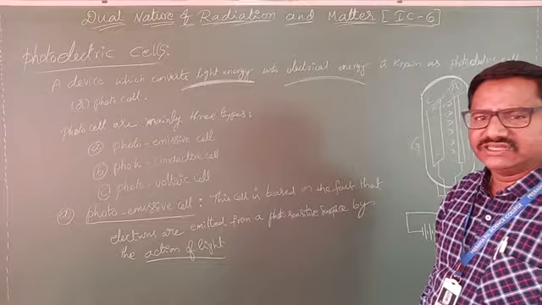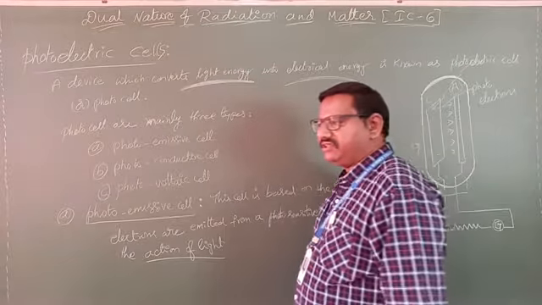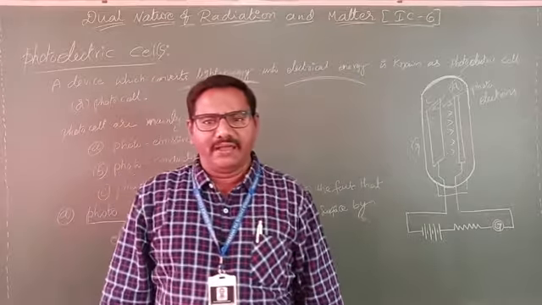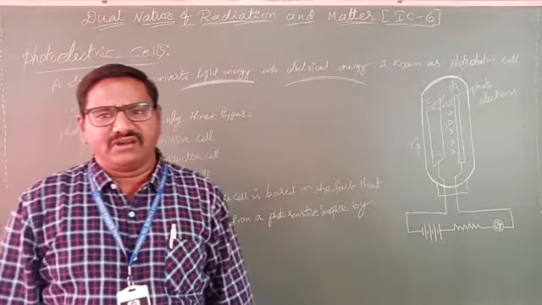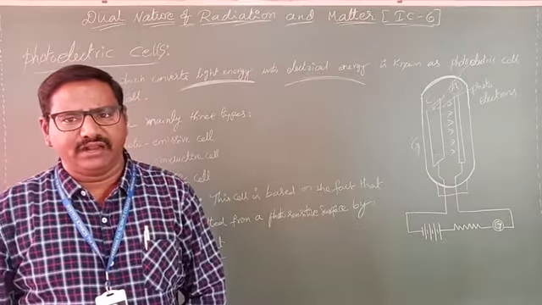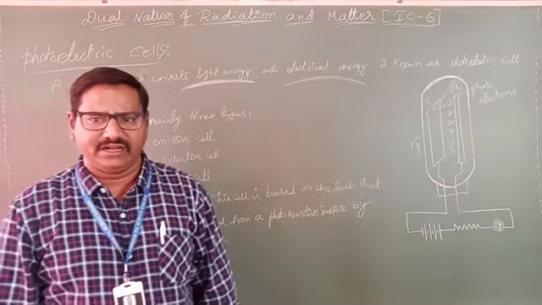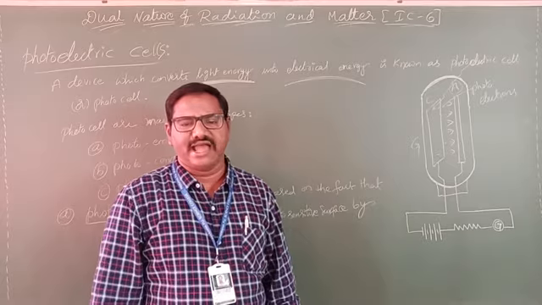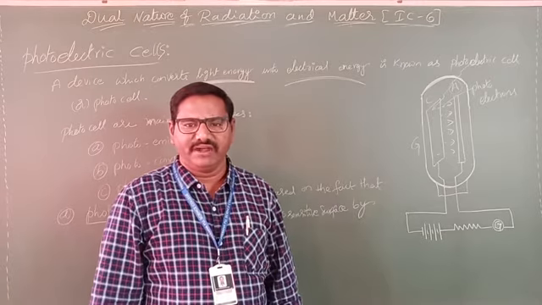What is the photosensitive material? When light is incident upon a metal, electrons are ejected from the metal, namely the alkali metals. They are called photosensitive metals.